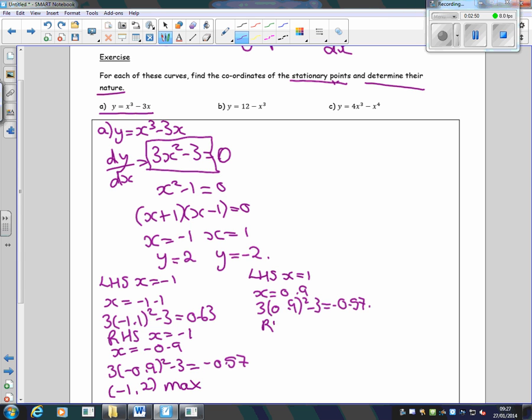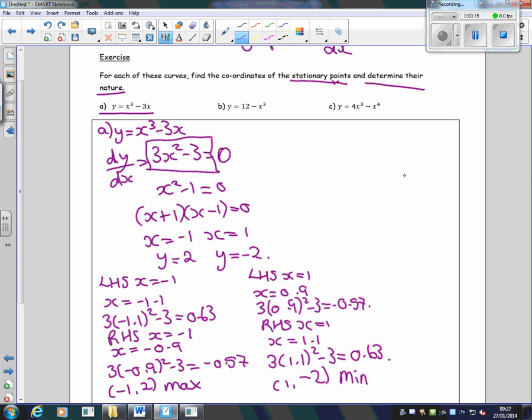Then we test the right-hand side of x equals 1, which is the x value of 1.1: 3 lots of 1.1 squared minus 3, which gives us a gradient of 0.63. So the point 1, minus 2, because we go from a negative gradient to a positive gradient, is a minimum.